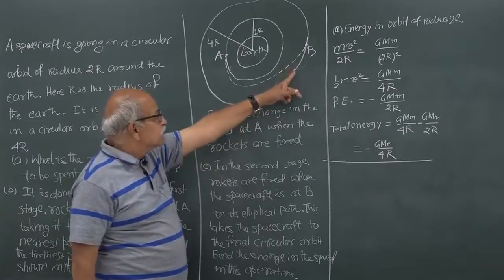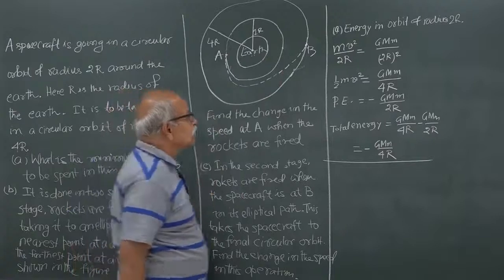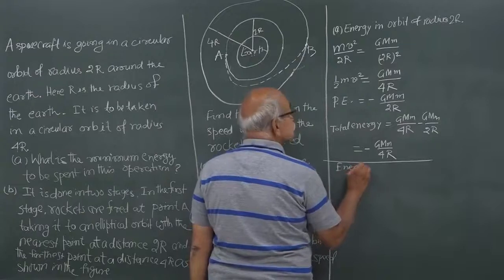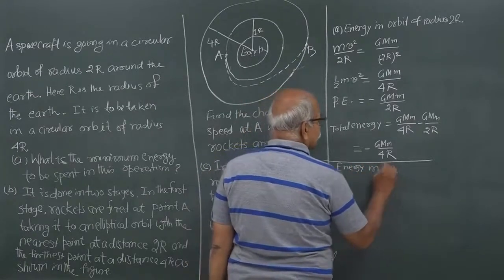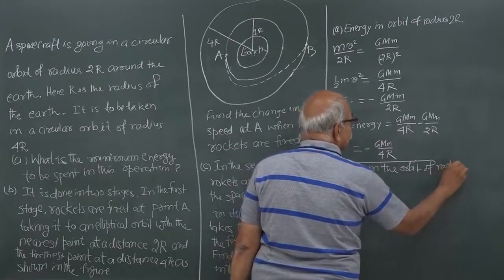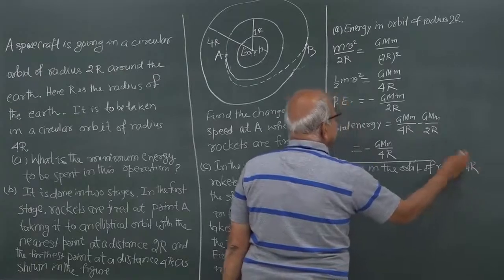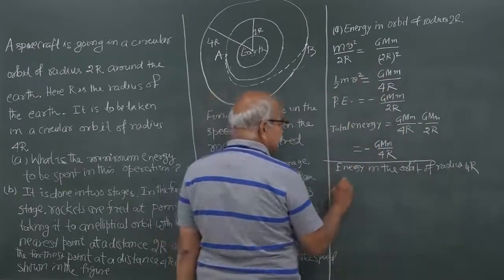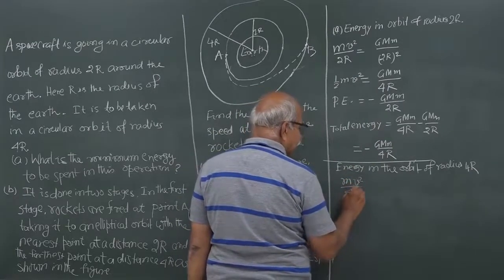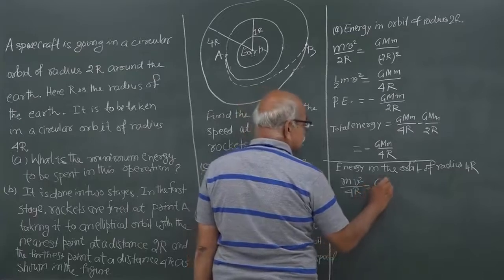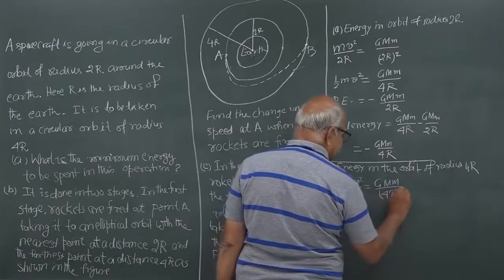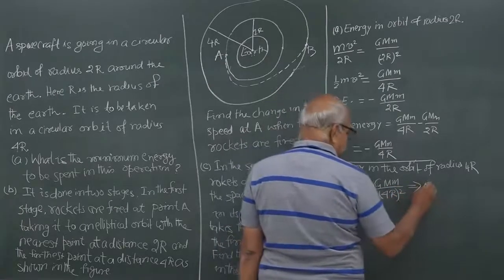Then the energy when this goes to the second orbit, this circular orbit. So, that energy in the orbit of radius 4r is in a similar fashion. You can write m times v square divided by 4r is equal to G M m divided by 4r square, and that gives me m v square.